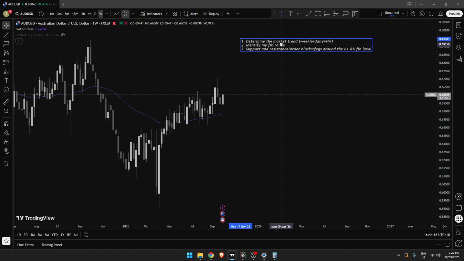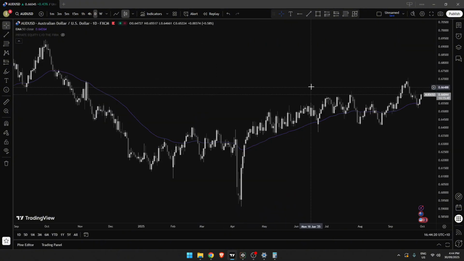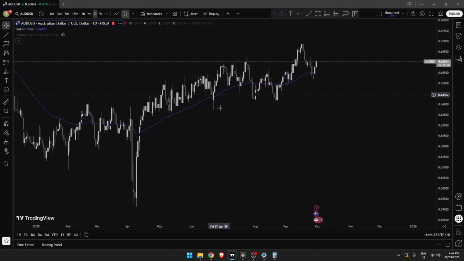So weekly is bullish. Dropping down to the daily, similar story. So we was bearish, and then we swapped to a bullish market structure.